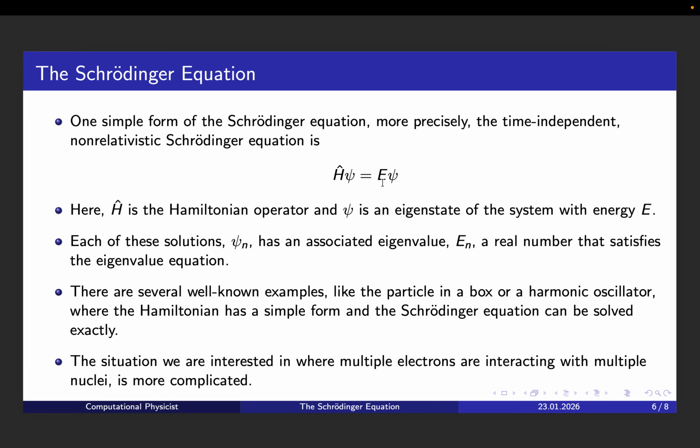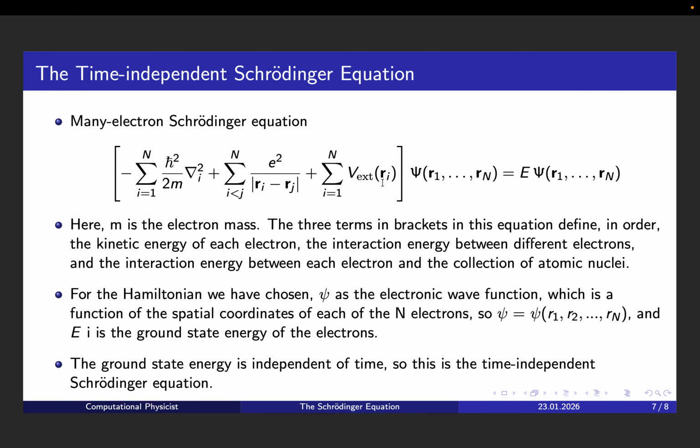But there are also situations we are very much interested in, that is, a system with multiple electrons interacting with multiple nuclei, and that is a more complicated one. In this case we can write the equation as a many electron Schrödinger equation, in this format.